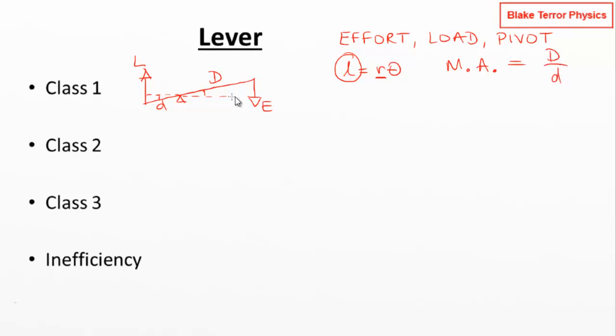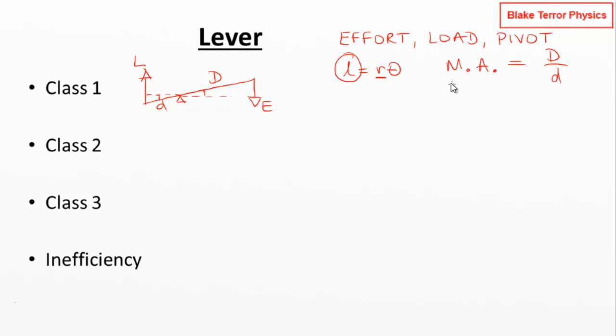Now we can see this is going to depend, the mechanical advantage, whether it's going to be greater or less than 1, is going to depend on where we put the pivot point. So in this case, I've put the pivot nearer to the load, so we're going to get a mechanical advantage greater than 1. Because we're moving our effort through a greater distance, so the effort must be smaller than the load, because it's moving through a greater distance than the load is.